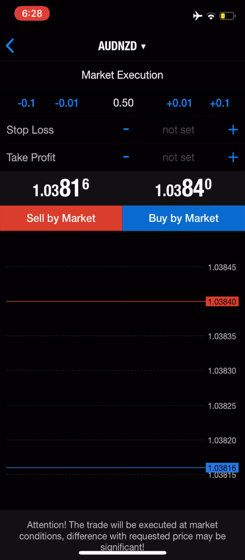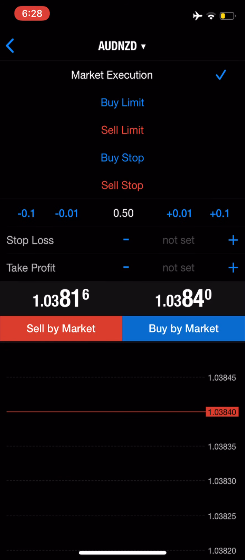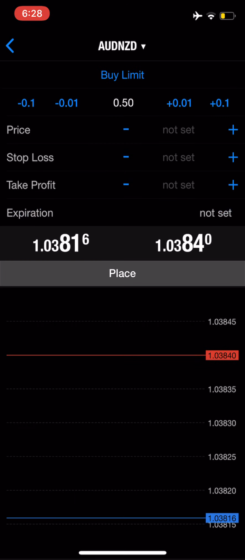So we got to wait for the price to get down, the market to get down to a certain price to enter the trade. So we hold on, we tap market execution, and then we have the other options, right? Buy limit, sell stop, buy stop, like I said before in the previous lesson, right? So we click buy limit.